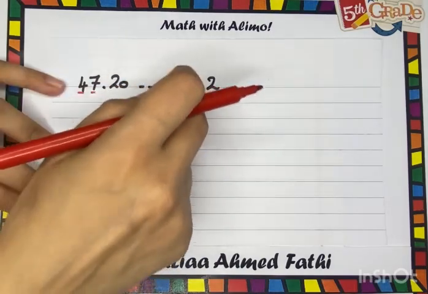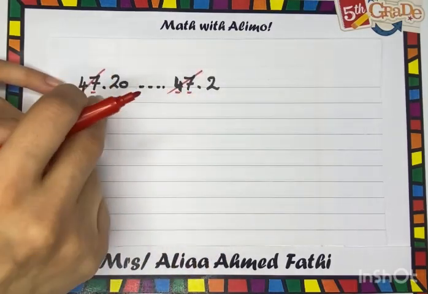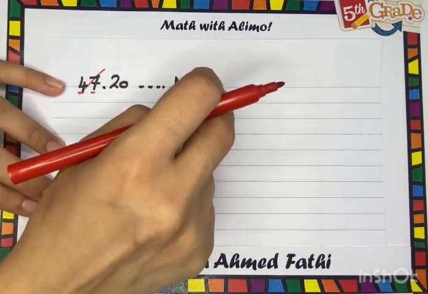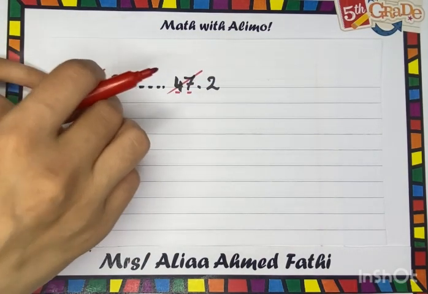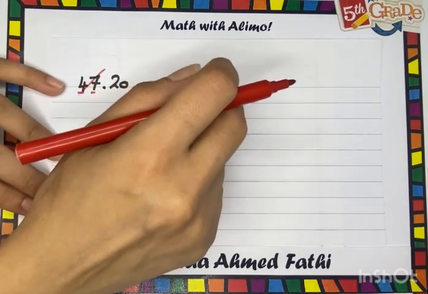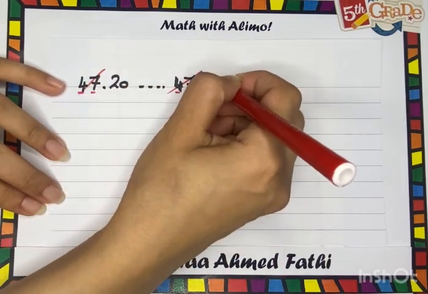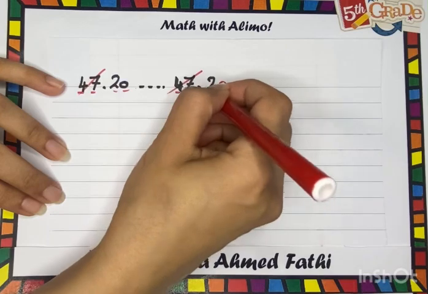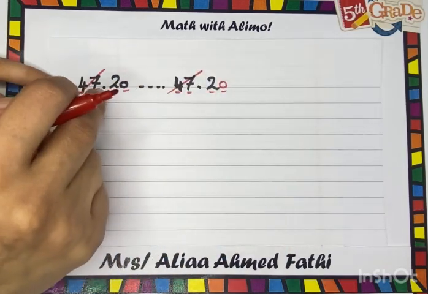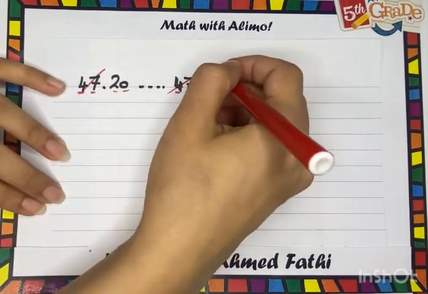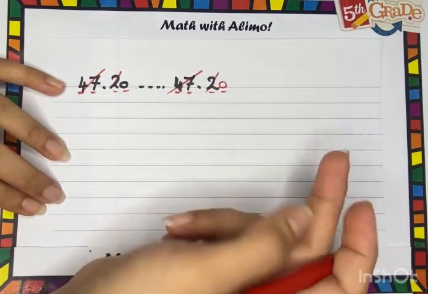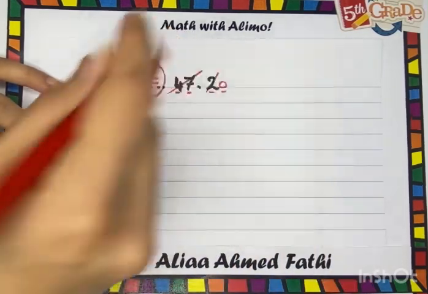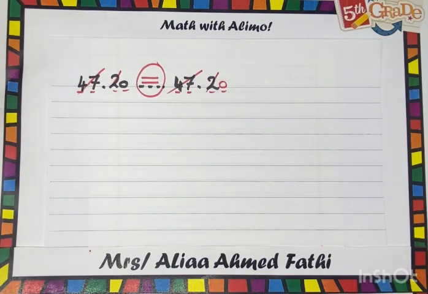We have 47 and 47, so cross the whole. Now we have 20 and here we have 2. So which one is greater? You're gonna say 20? No, because 20 in the decimal part equals the 2. If we make balance to equal the digits in the decimal part, here we have 2 and there we have 2. Here we have 0 and here we have 0 or nothing, so they are equal numbers.